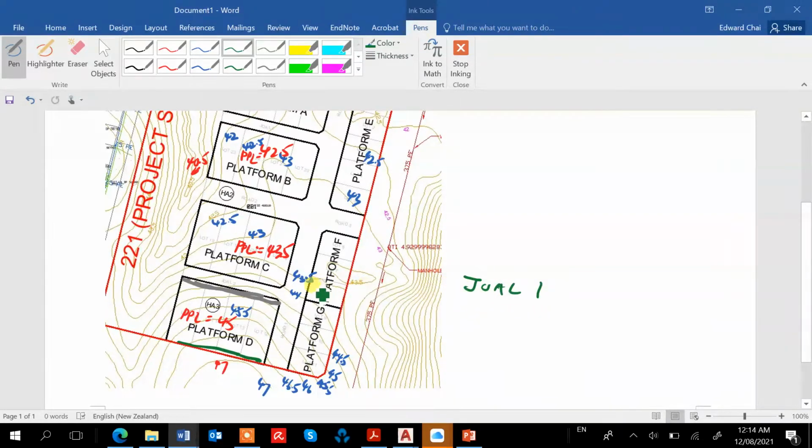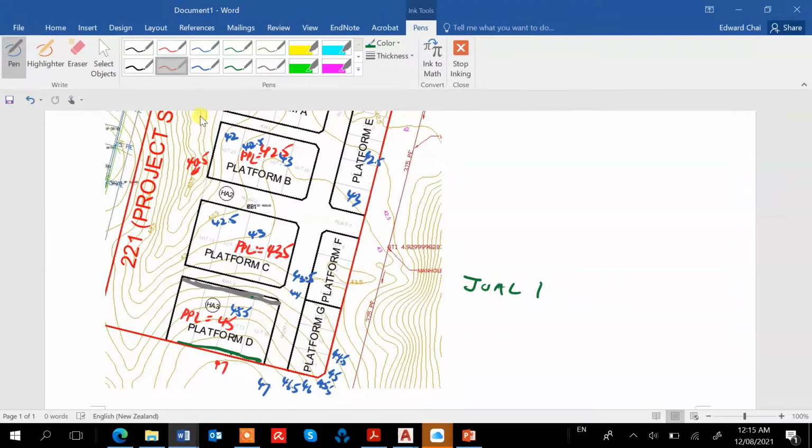You could have it follow the platform, and then your driveway from this JOL1 will enter these various lots, you will be climbing up. So depending on the platform level of this one and that one, because of a drop in height, the retaining wall could be here, or it could be there.